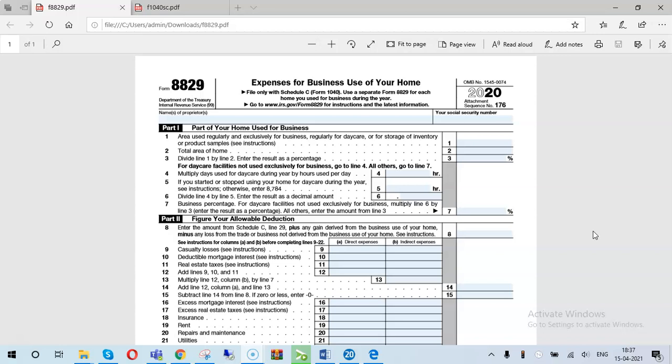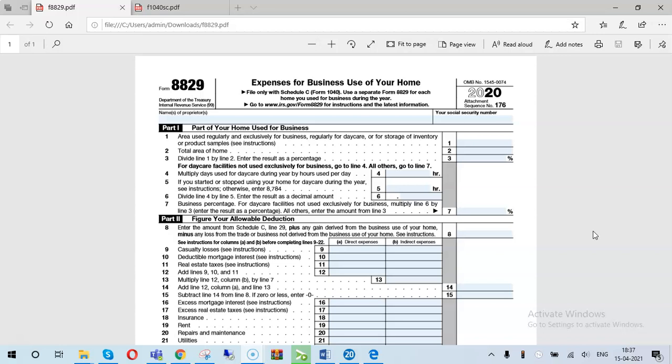Now, let's have a discussion on who can deduct expenses for business use of a home. Generally, you can deduct the business expenses that apply to a part of your home only if that part is used exclusively and on a regular basis.